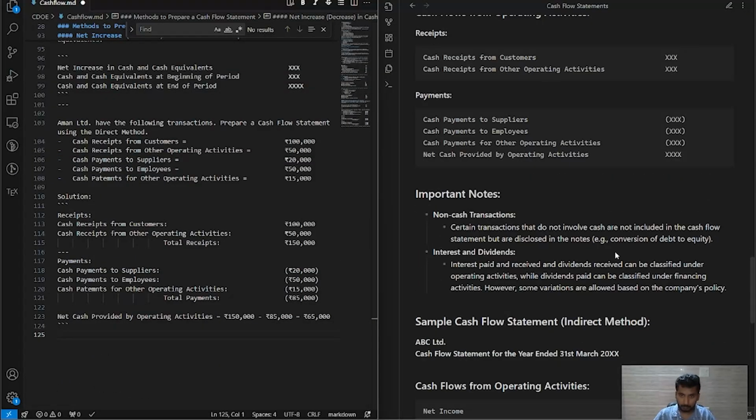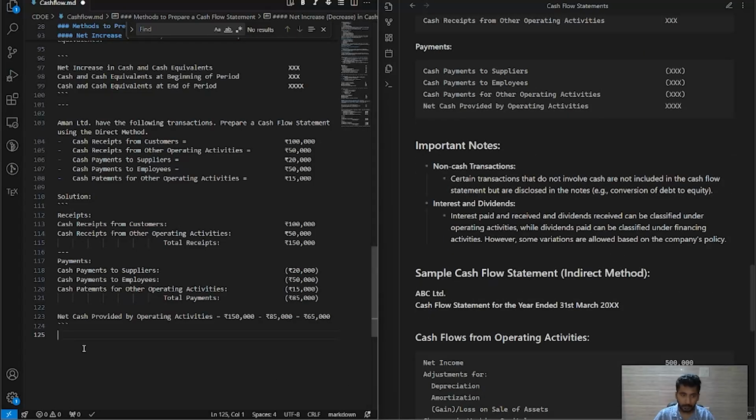Now, let us have some important notes. That is the non-cash transactions. What will happen to the non-cash transactions?